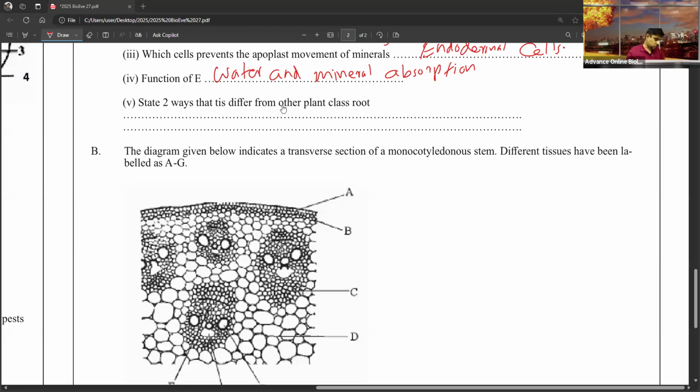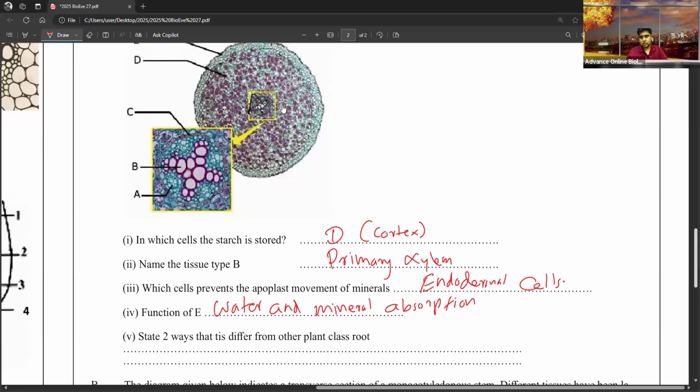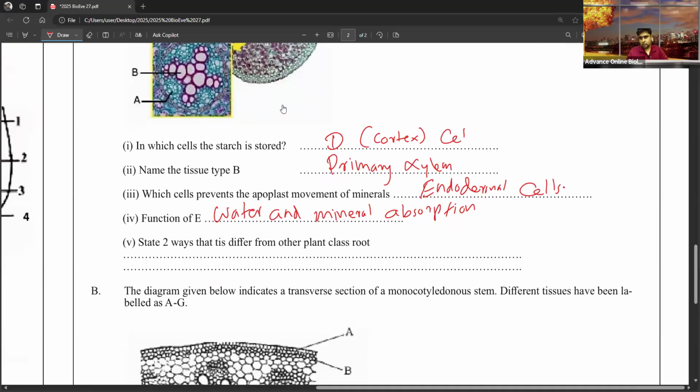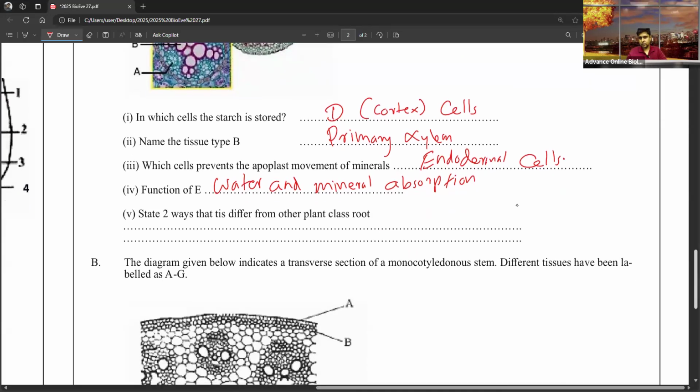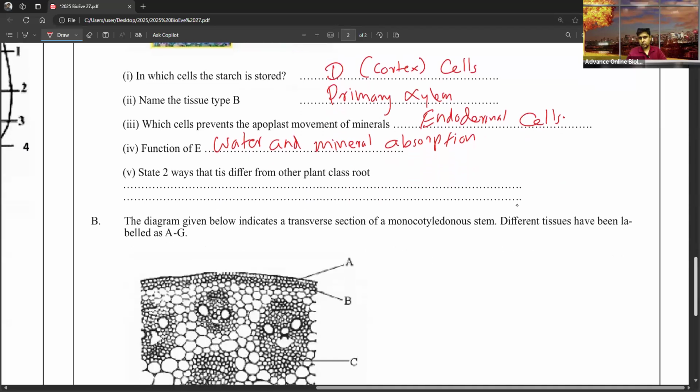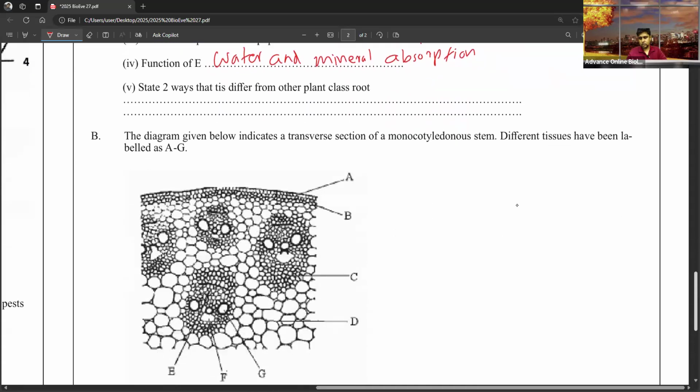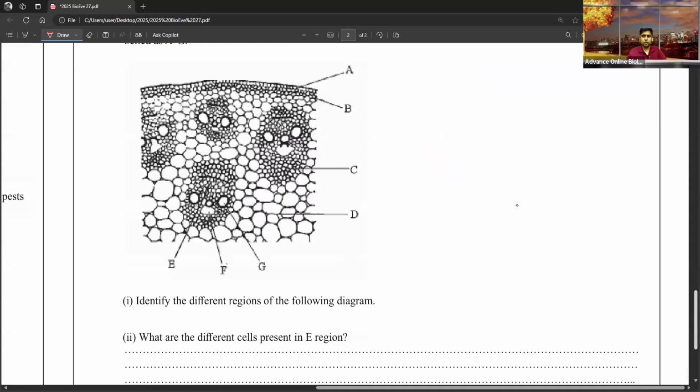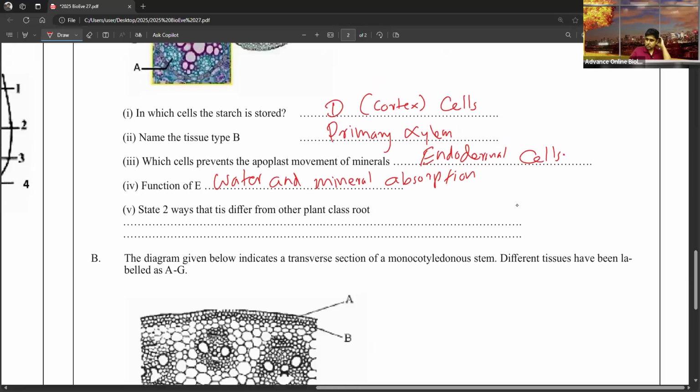In which cells is the starch stored? Cortex cells. Then you can take cortex cells, right? It has parenchyma cells, right? Or else you can say parenchyma cells of cortex. That's better. You can say parenchyma cells of cortex.